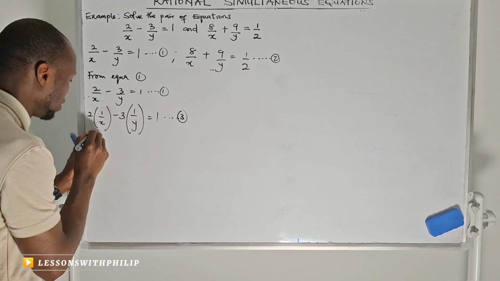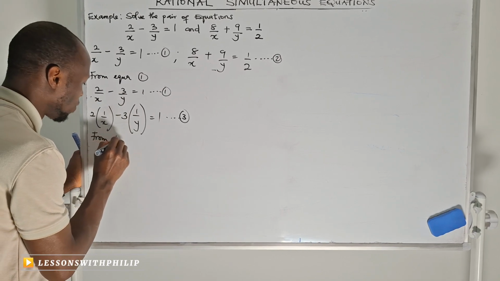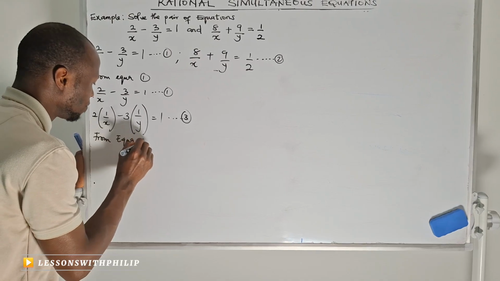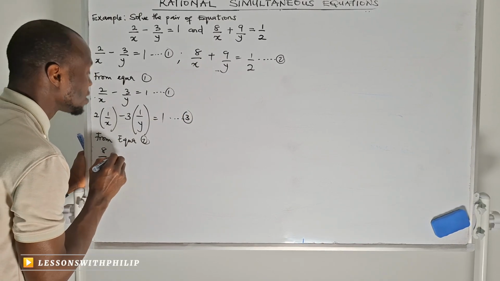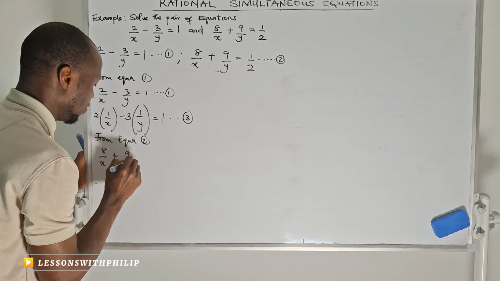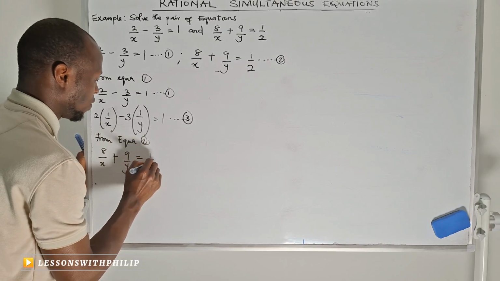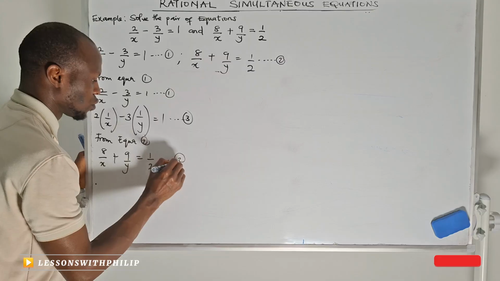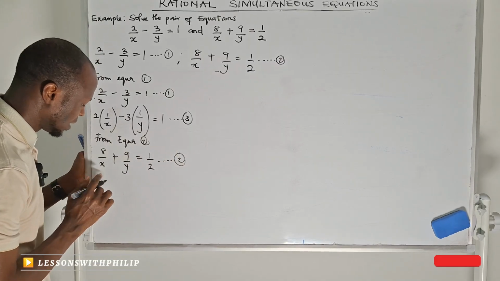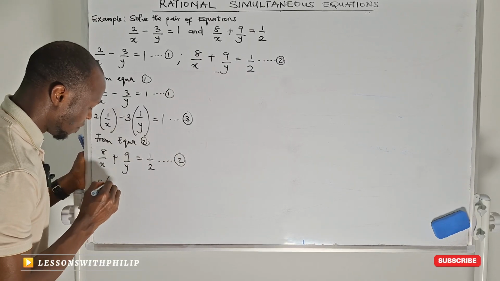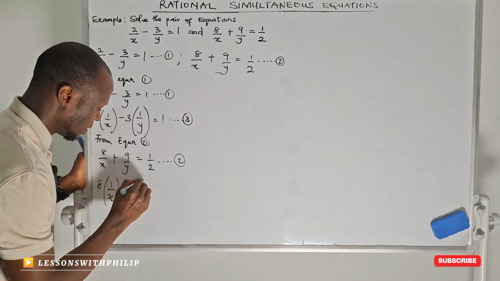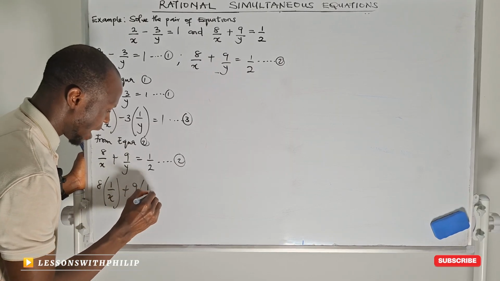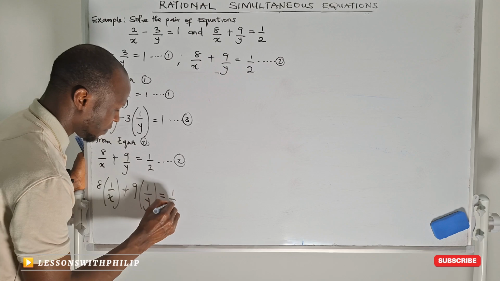Okay, now from equation 2, equation 2 is 8 over x plus 9 over y equals to 1 over 2. This is my equation 2. And equation 2 we said is the same thing as 8 into bracket 1 over x plus 9 into bracket 1 over y equals to half.